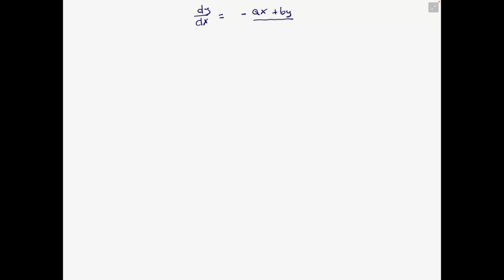Here's an interesting one. We're given dy dx equals minus ax plus by over bx plus cy. Make sure I write it right. We do a little manipulating.